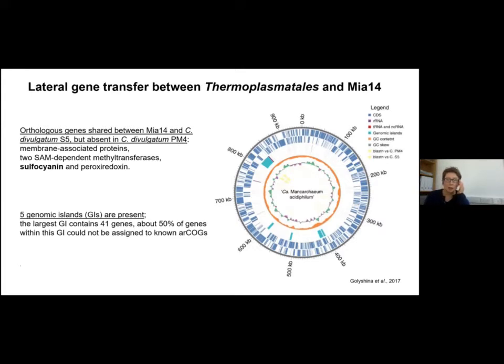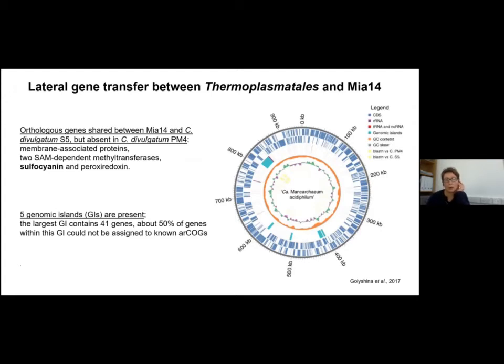And the lack of sulfocyanin in PM4 and the presence of this gene in MIA14 is quite important, because the loss of this gene was quite costly for PM4 strain, which is growing relatively badly in comparison to Spanish strain S5.